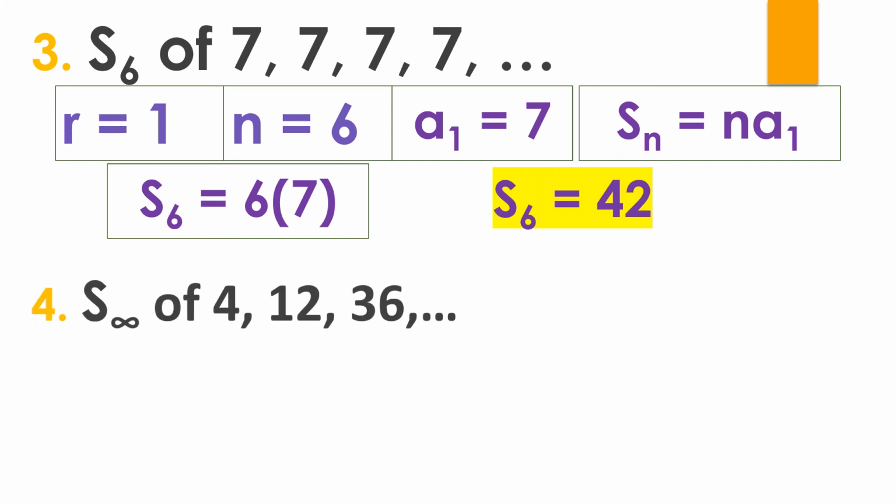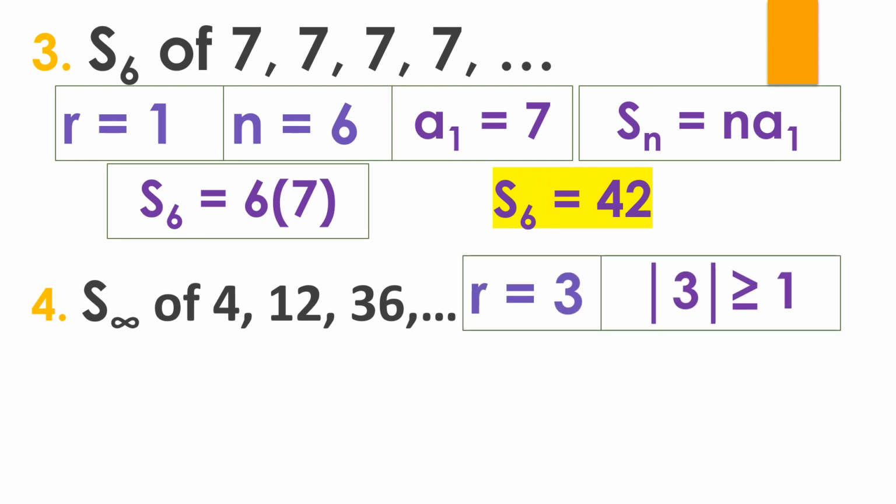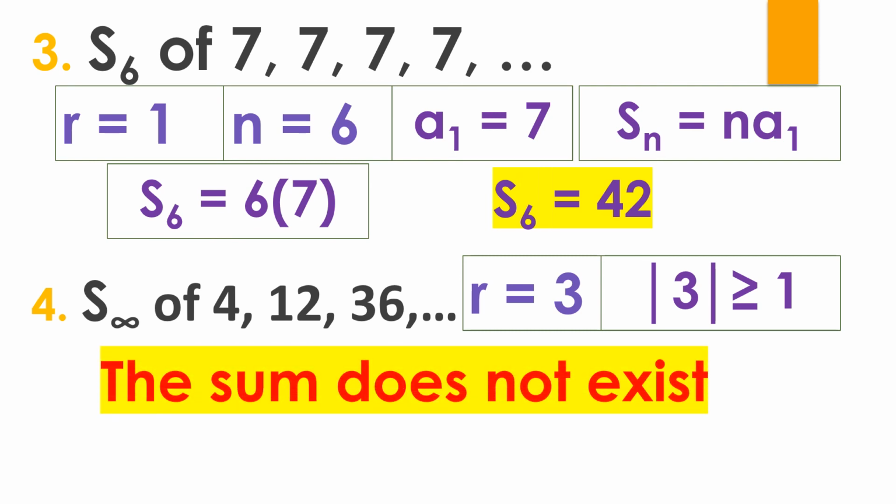For the fourth example, S sub infinity of the sequence 4, 12, 36, where r is equal to 3, and since the absolute value of 3 is greater than or equal to 1, the sum does not exist.